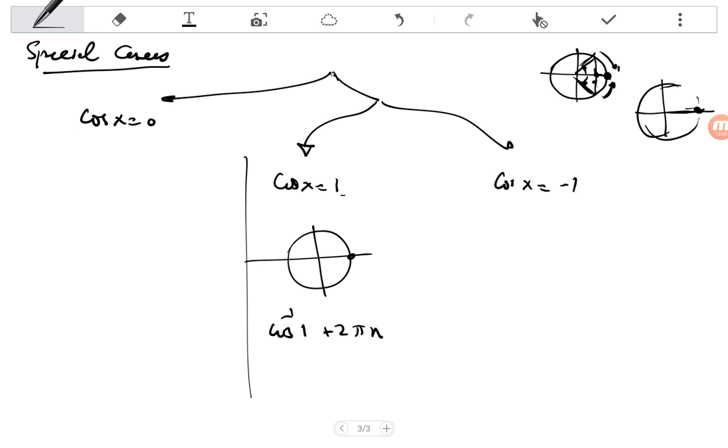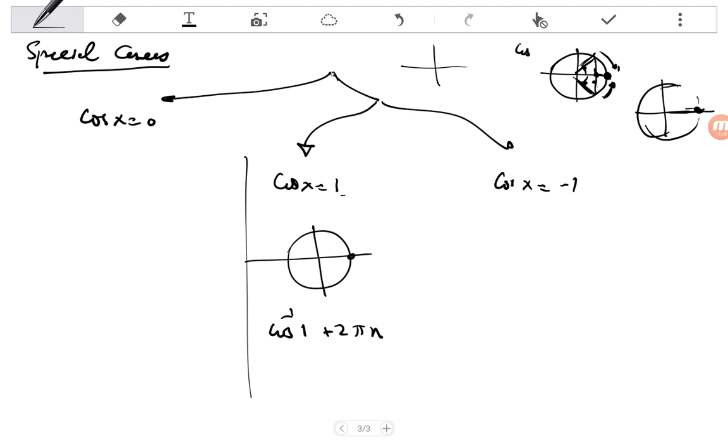So the solution set in this case will just be like that. And what is cosine inverse 1? Do you remember? The output of a cosine inverse belongs to which quadrant of the 4 quadrants? If you remember.